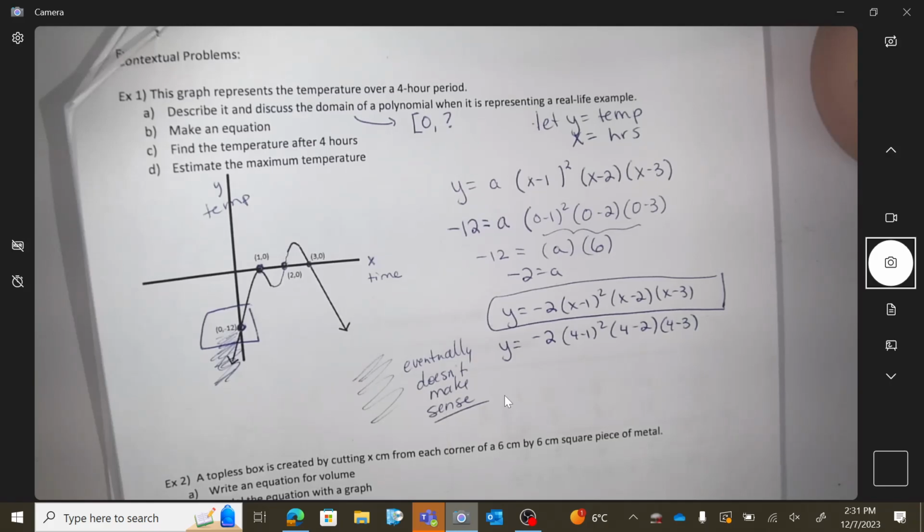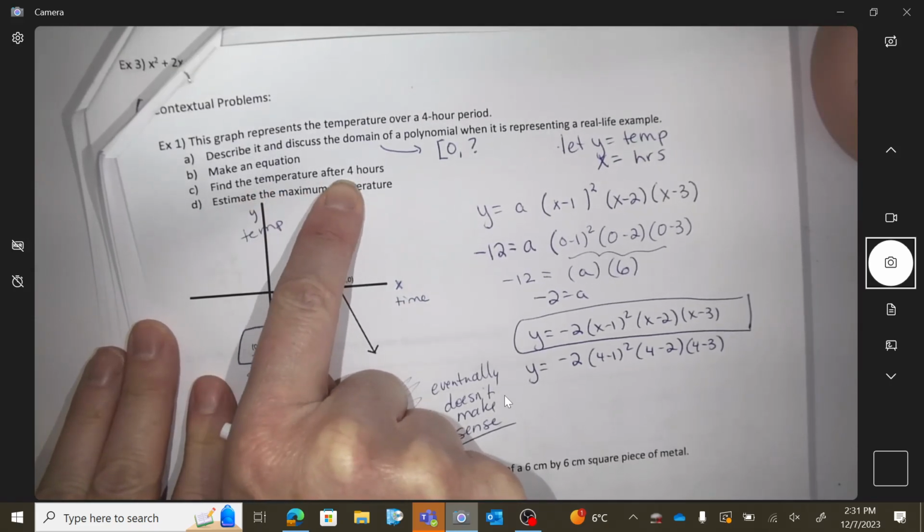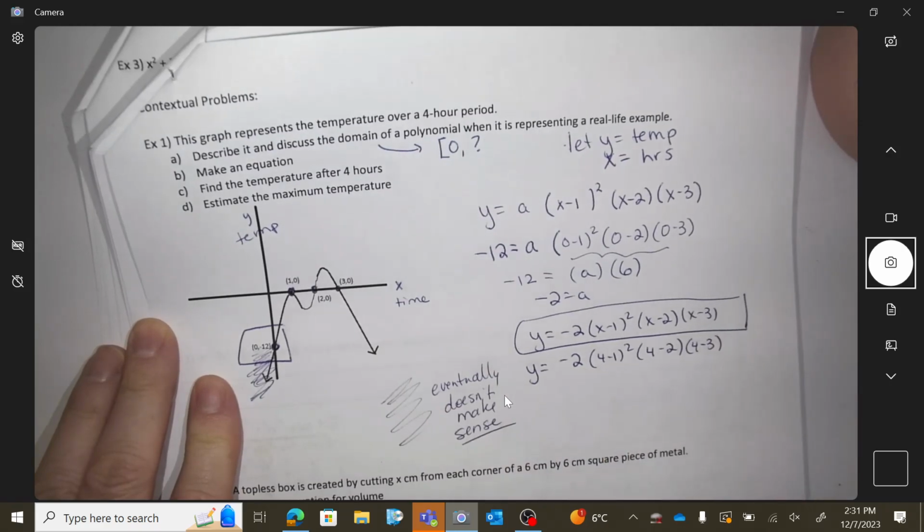So if I'm trying to get the temperature at 4 hours, you're making the X 4. Okay, and then that's just math. So where did this 4 come from? The question says find the temperature after 4 hours. So you just plug a 4 in.